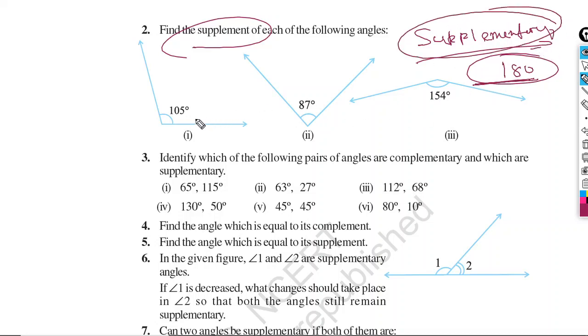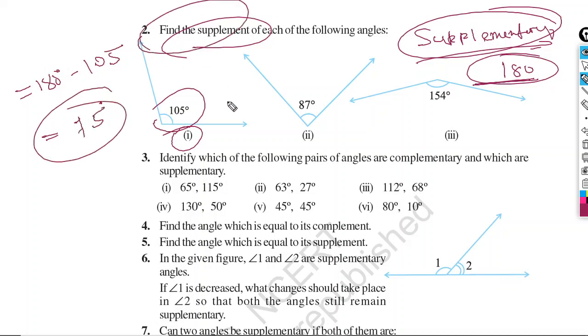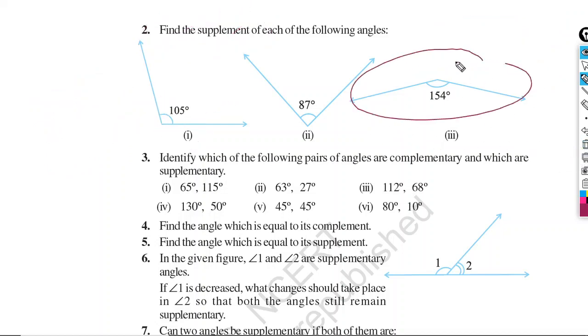Here we'll start with part I. Here one angle is 105 degrees. The supplementary angle will be equal to 180 degrees minus 105 degrees, which is equal to 75 degrees. So the supplementary angle of 105 degrees is 75 degrees. Similarly, you find the supplementary angle of 154 degrees.